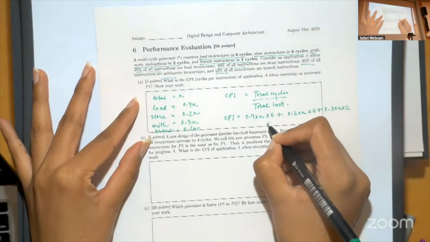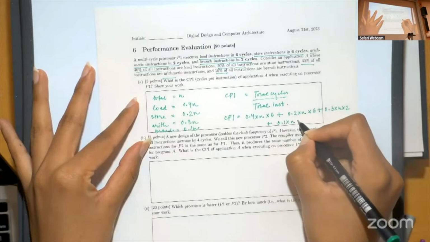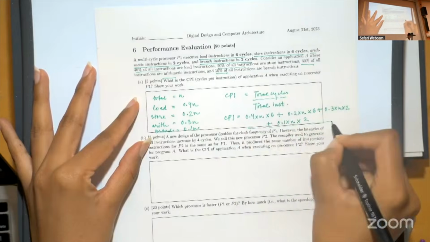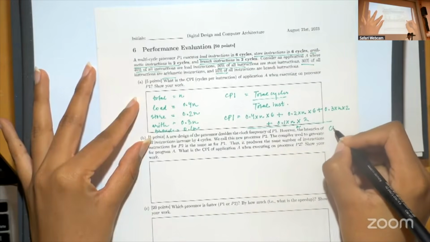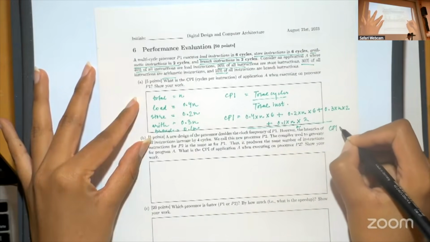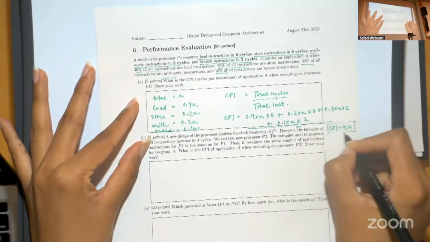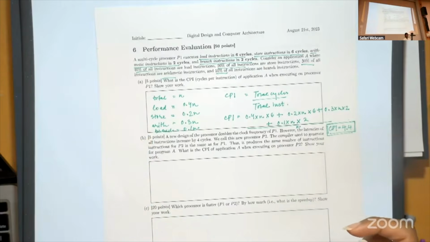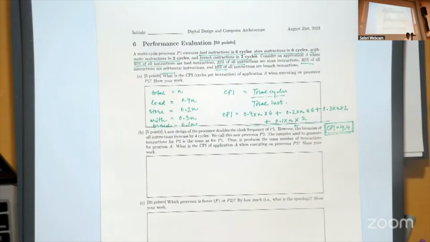And then 0.1 n branch instructions, and each takes again 2 cycles. And the total number of instructions would be n. I will not do the math, but if you solve this, you will come out with 4.4. So this would be our CPI for processor P1. I hope it's clear.